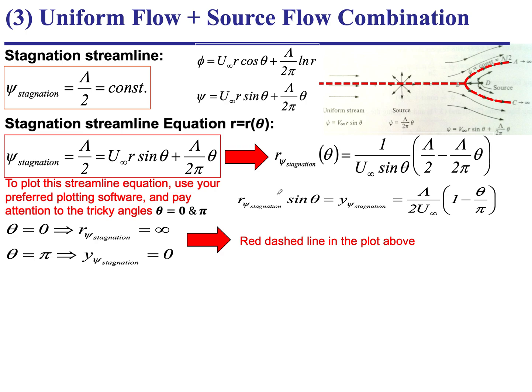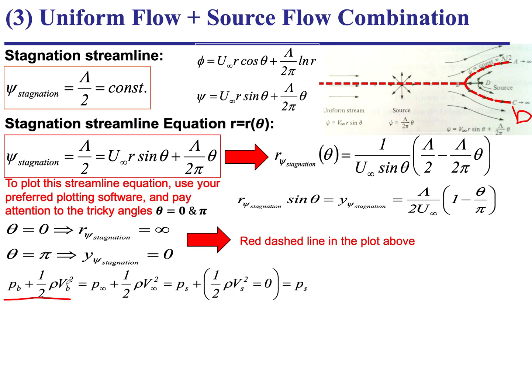So we want now to find the pressure, and that is done through Bernoulli. So now that streamline, this closed streamline over here, we're going to call it B, the body, because here that's a semi-infinite Rankine body. So on the streamline, we have a velocity and we have the pressure at the body, and that streamline extends from infinity, so on the dashed line.